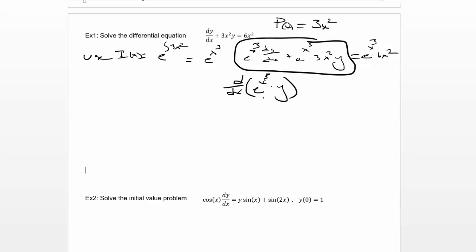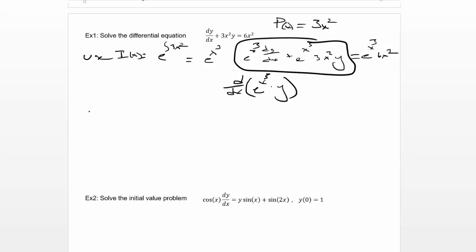And you can show, if you're not convinced, you can find the derivative of this, use the product rule, and what do you know? You'll end up getting what's on the left-hand side here. So let's use what we know here.